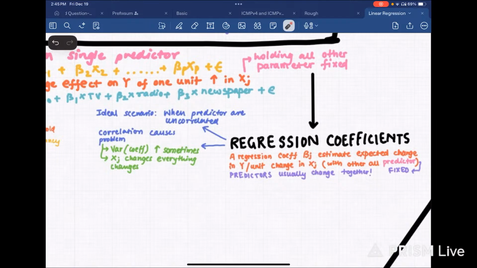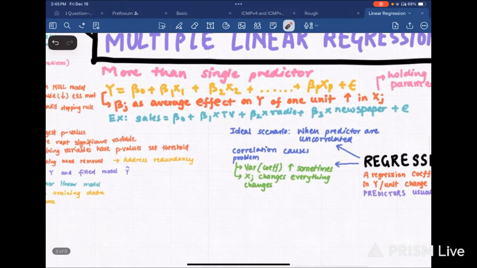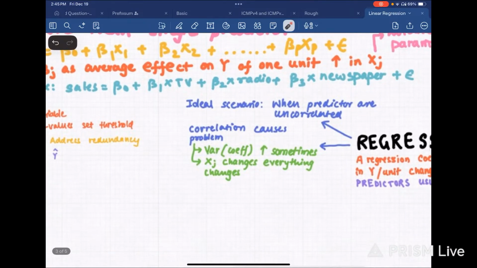But in the real world we doubt that there is no correlation. If you use Twitch or TikTok, you are going to use different kinds of social media platforms as well. So it is all correlated in some sense, and it is not an ideal scenario in most cases.